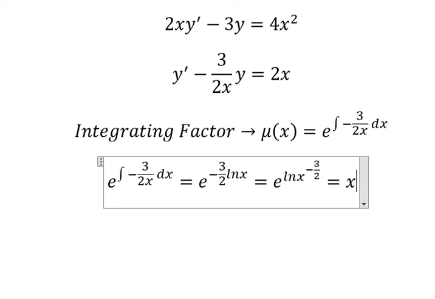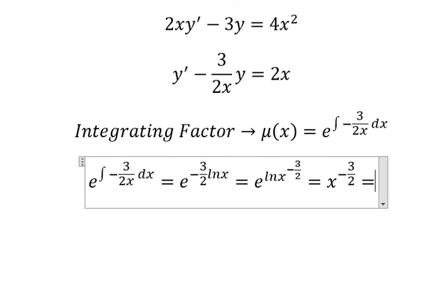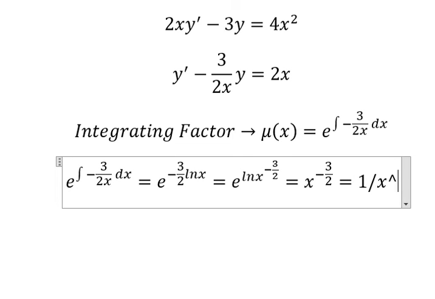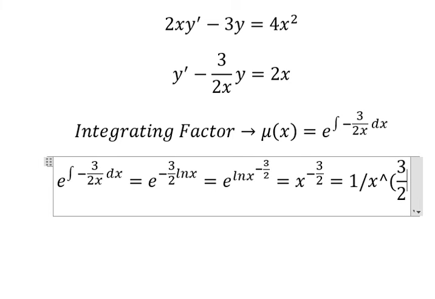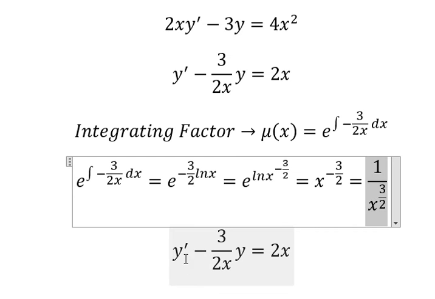And this one we have s to the power of negative 3 over 2, and we have 1 over s to the power of 3 over 2 in here. That means we need to multiply both sides by this one.